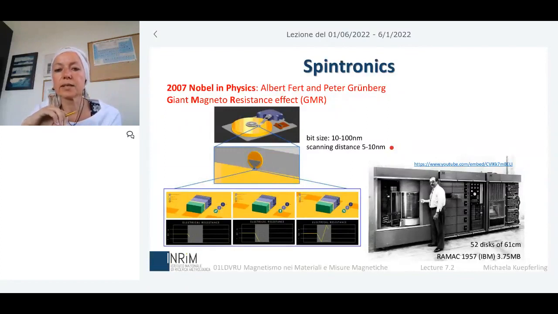And that's not easy. That's also one of the disadvantages of hard disks and of magnetic recording, because the mechanics has to be very sophisticated nowadays. You need these scanning distances, of course, in order to read the very small signals of your small bit areas.